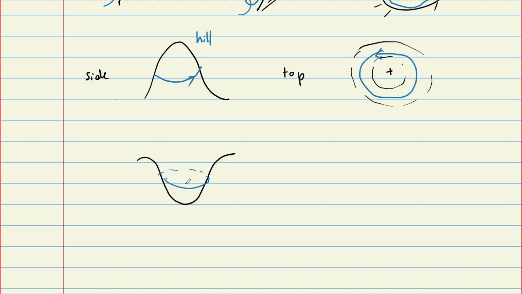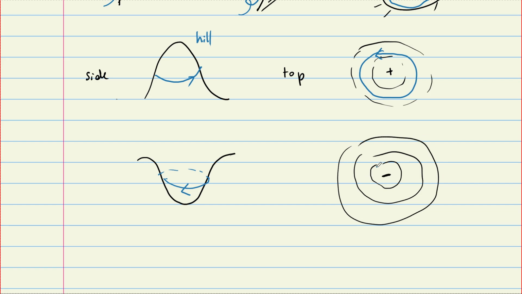So in the previous case it was like that. In this case, it's going to just reverse it. And the way we show this from the top is there's a minus in the center, and there are equipotentials, like a contour map. And the electron is just going to find an equipotential line, and it's going to go in a reverse direction, like that.